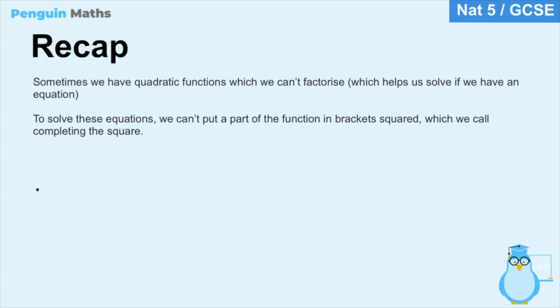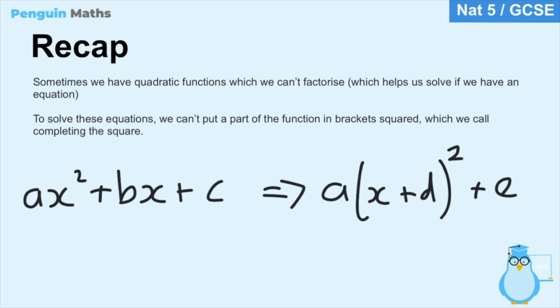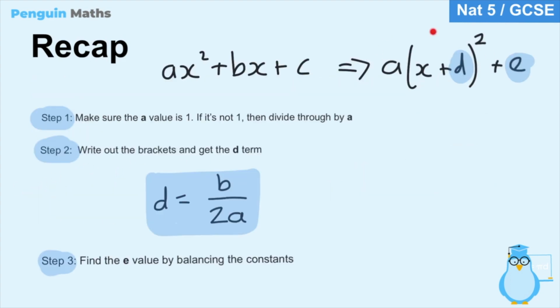So we said that if we have a function in the form of ax squared plus bx plus c, then what we can do is put it in the form of a, then inside the brackets we found another term which was called d, where we would have x plus d all squared, and then we would have to figure out an additional constant e which would help balance it out so that this expression here is also equal to this expression here.